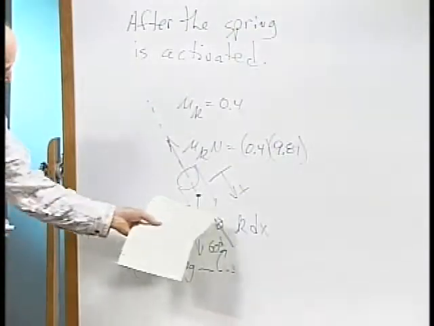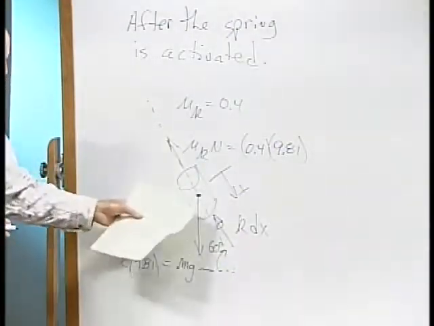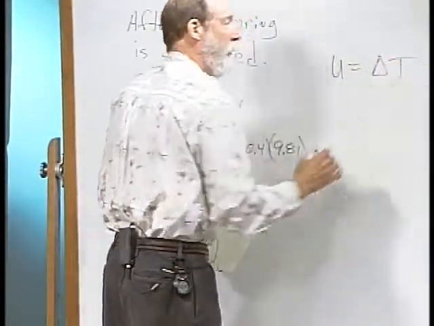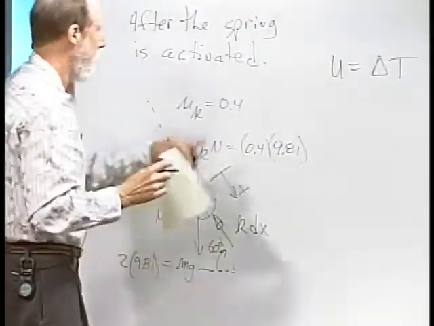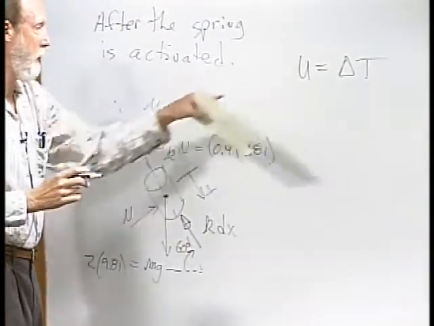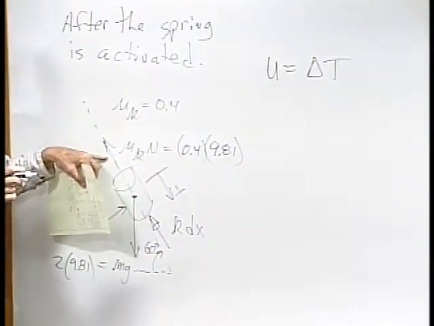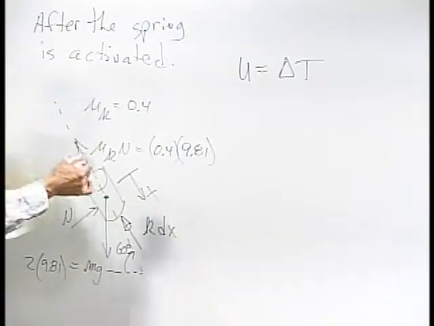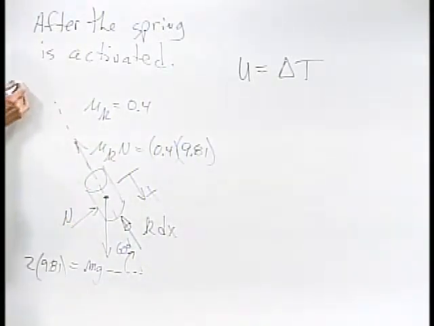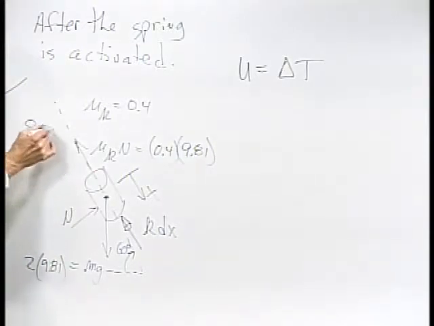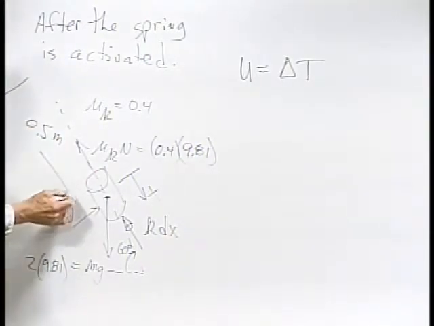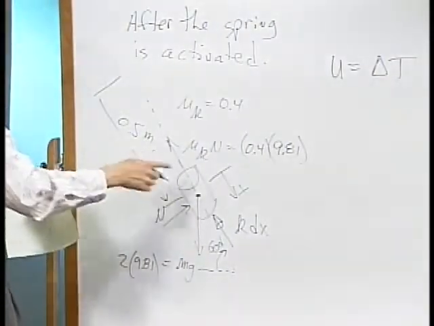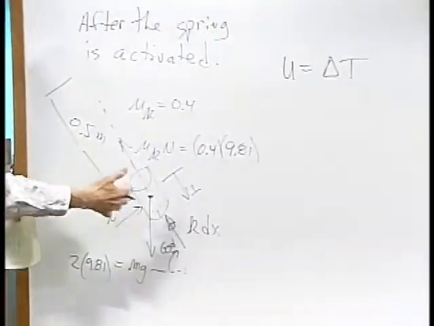So if we look at now the work done, and we were addressing these problems using this energy principle in this fashion, the left side of the equation must embody all of the work done by the active forces. So what we have there is the travel distance was 0.5 meters before it hits the spring, down to where it hits the spring, and then x is the additional distance once the spring is active.